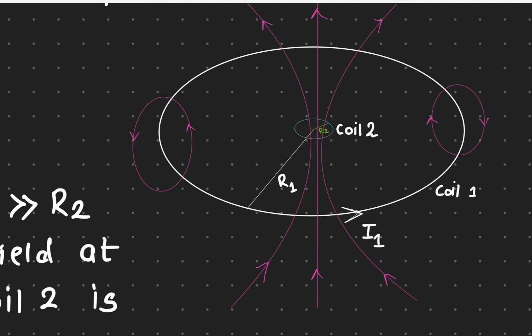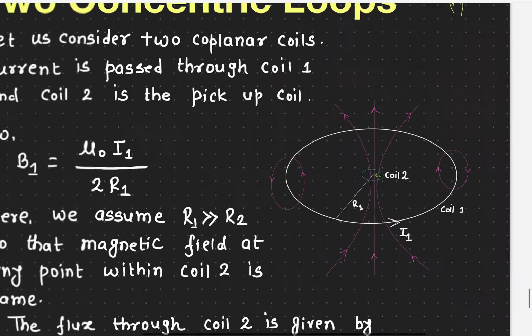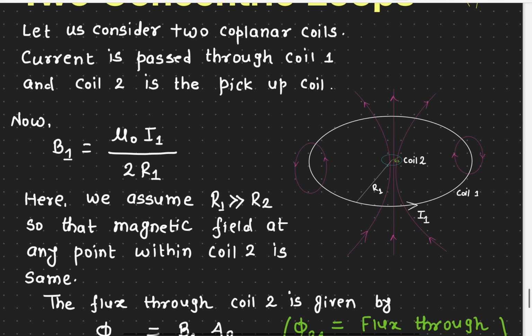So we can in fact solve this problem with a homogeneous magnetic field. When I say homogeneous magnetic field, that means the magnetic field at any point within coil 2 is constant. So let's first find the magnetic field due to coil 1, which is given by B1 equals mu 0 I1 over 2 R1.